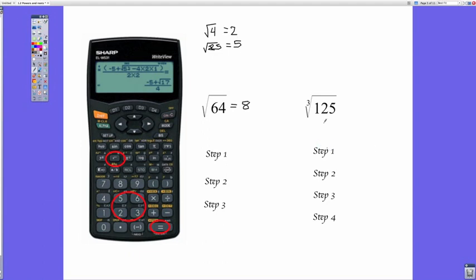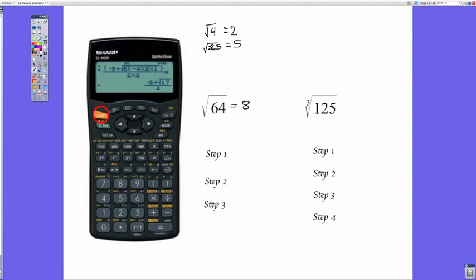If I want to work out the cube root of 125, we know from the previous example that our answer should be 5, so let's just check that. You're going to press your second function button. It's the orange button at the top. Other calculators might be slightly different, but they tend to be in the same place.